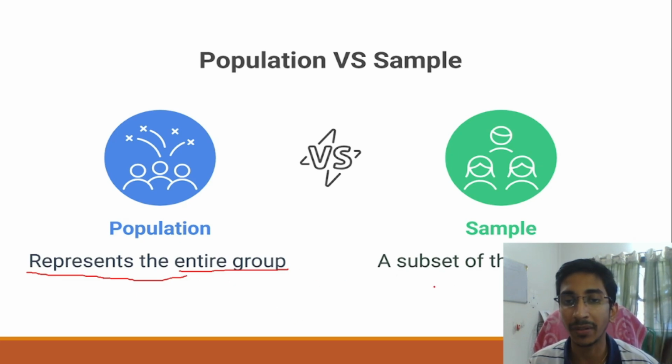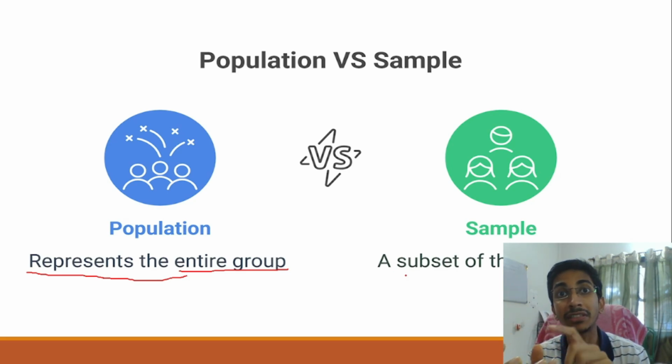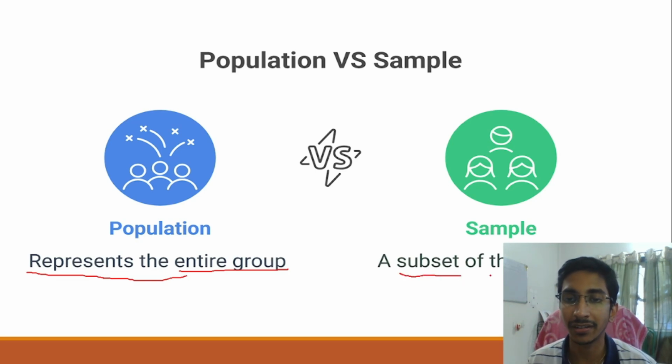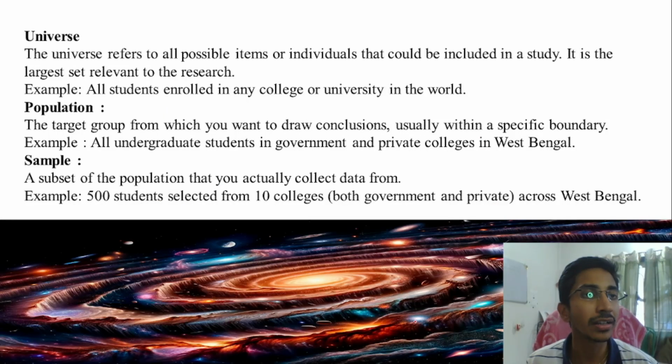And then sample is a part of the population. When we take a small part that represents the whole population, we call it a sample. So it is a subset of the population. Next, universe. Many of them think universe and population are the same, but there is a difference.